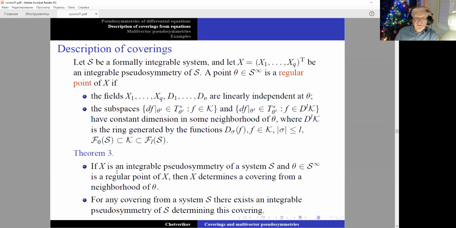From theorem 3, it follows that any integrable pseudosymmetry determines a covering, and any covering of a system is determined by an integrable pseudosymmetry.